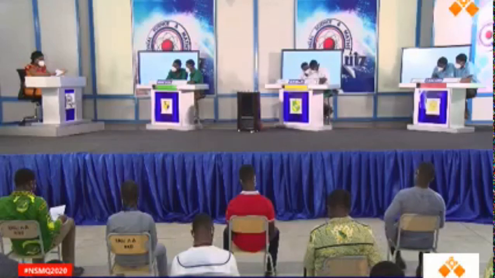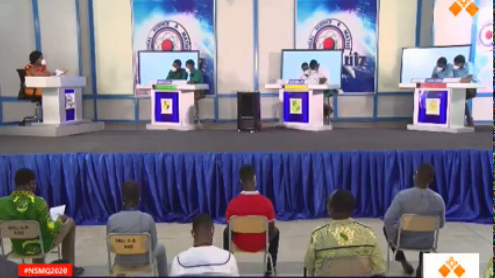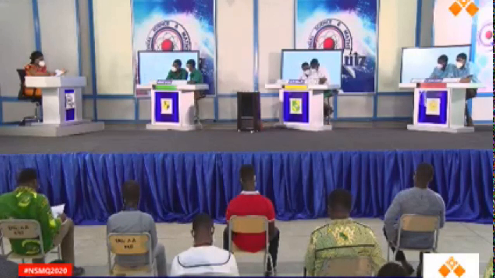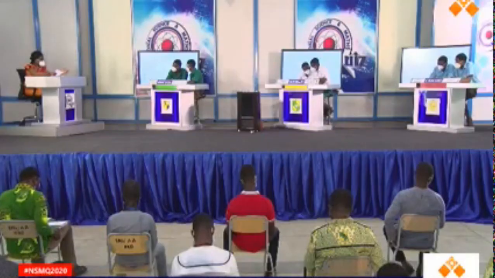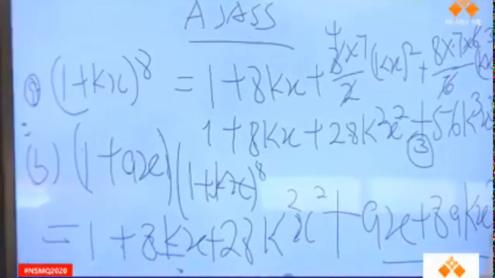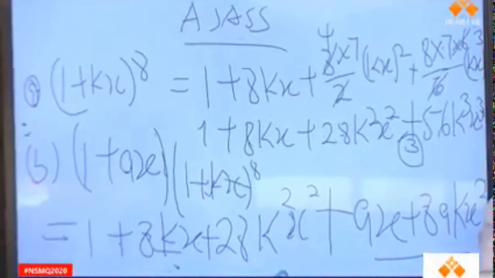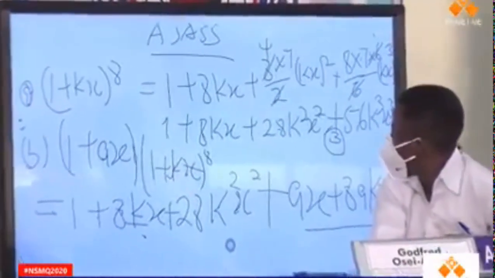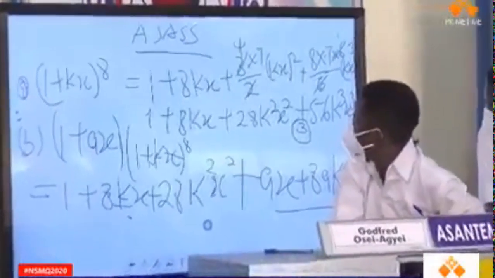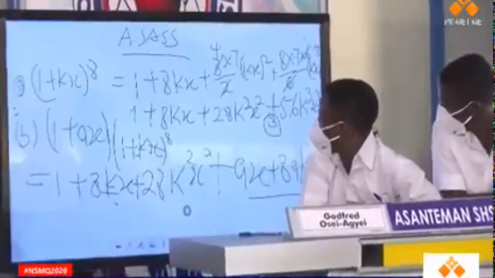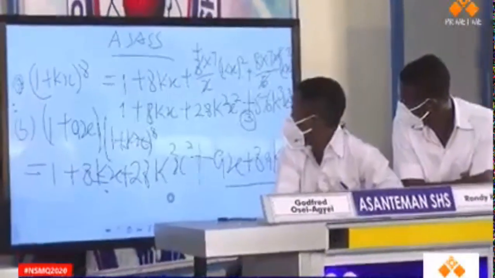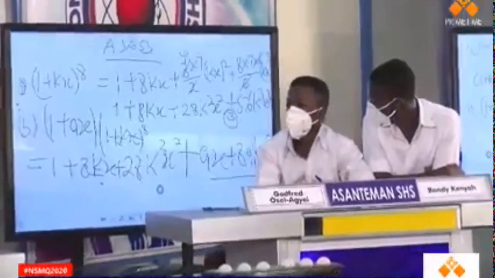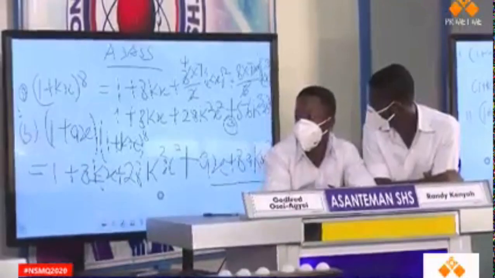So if they are able to find 1 plus the expression a plus 8k x plus the expression 28k squared plus 8ak x squared plus the expression 56k cubed plus 28k squared a x cubed, and so on and so forth. They get 3 points for that.